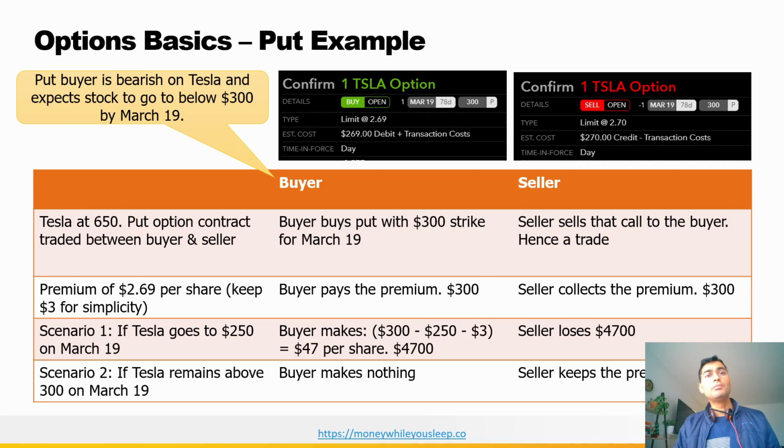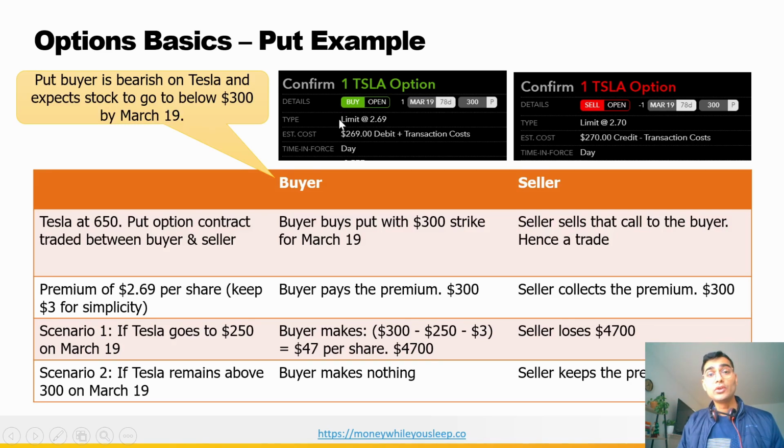So as I mentioned, a put is nothing but the case where the put buyer is bearish on a particular stock, and he or she is expecting the stock to go below a particular strike price by a particular date. So let's look at the example of Tesla again. In this particular case, a buyer is bearish on Tesla, and he or she is expecting that the stock will go below 300 by March 19th.